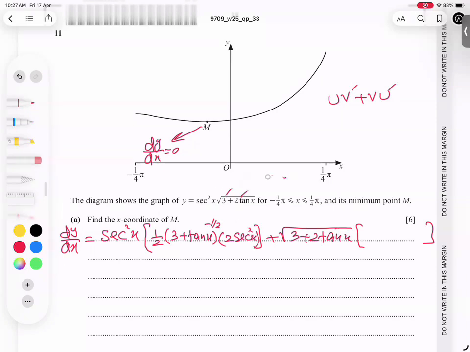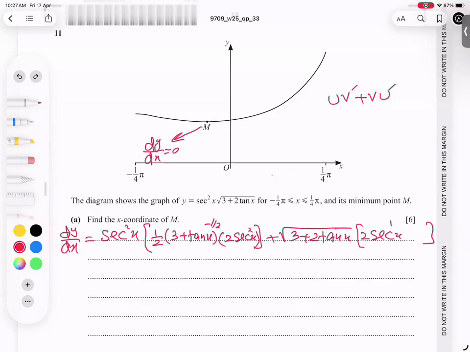I think this point is clear. Let's talk about the next one, which is secant square. What is the derivative of secant square? First, power 2 will come down, the power of secant becomes 1, and then the base is secant and its derivative is secant into tan.